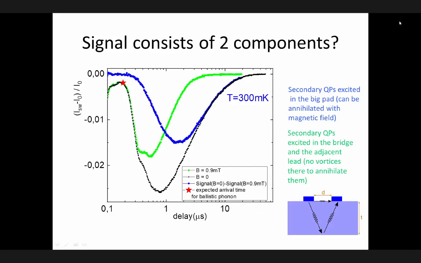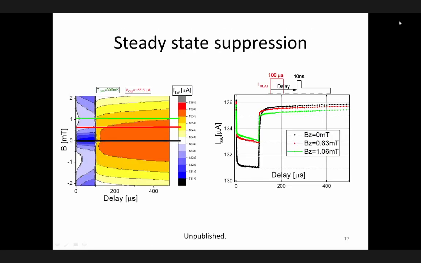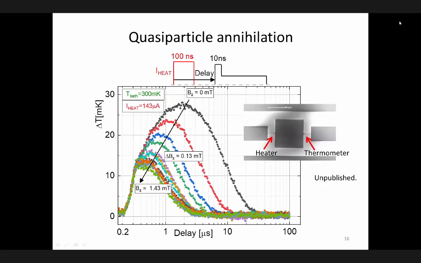And there are no vortices there to manipulate quasi-particles because the lead is too narrow. Vortices can only enter into this big part. They cannot enter the wires, as you know from the previous studies.